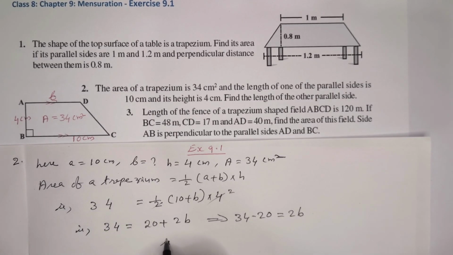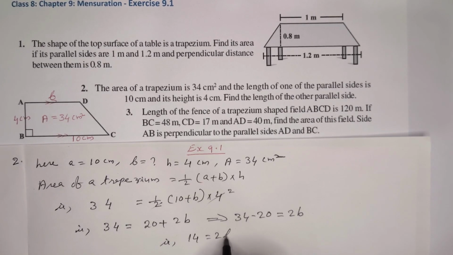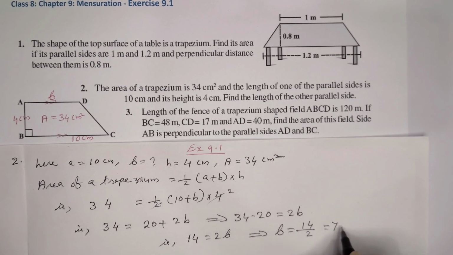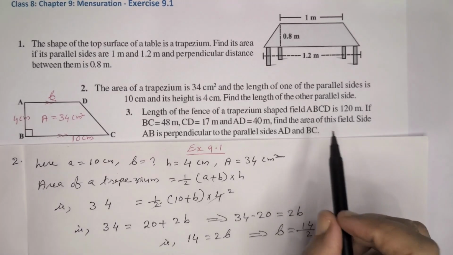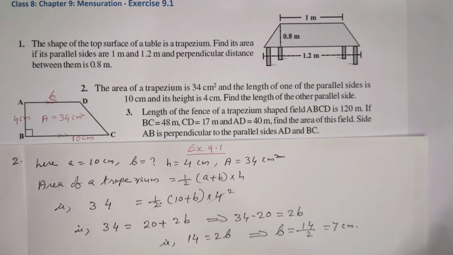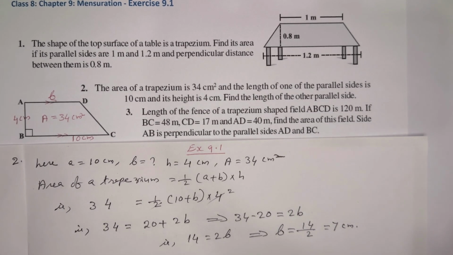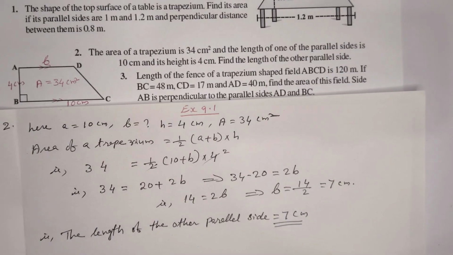That is 14 is equal to 2B, which implies B is equal to 14 by 2, that means 7 centimeter. The question asks to find the length of the other parallel side. So the length of the other parallel side is equal to 7 centimeter.